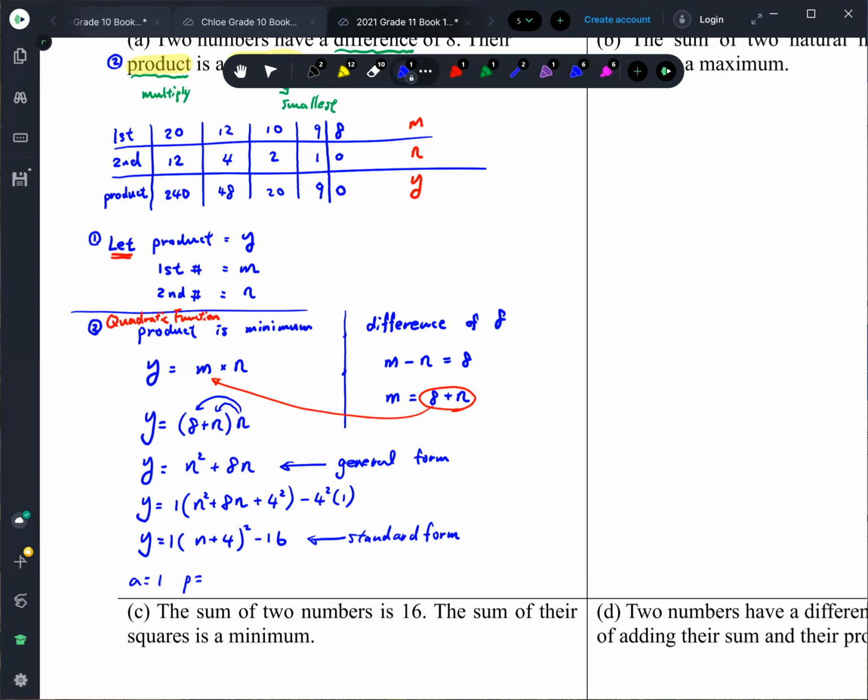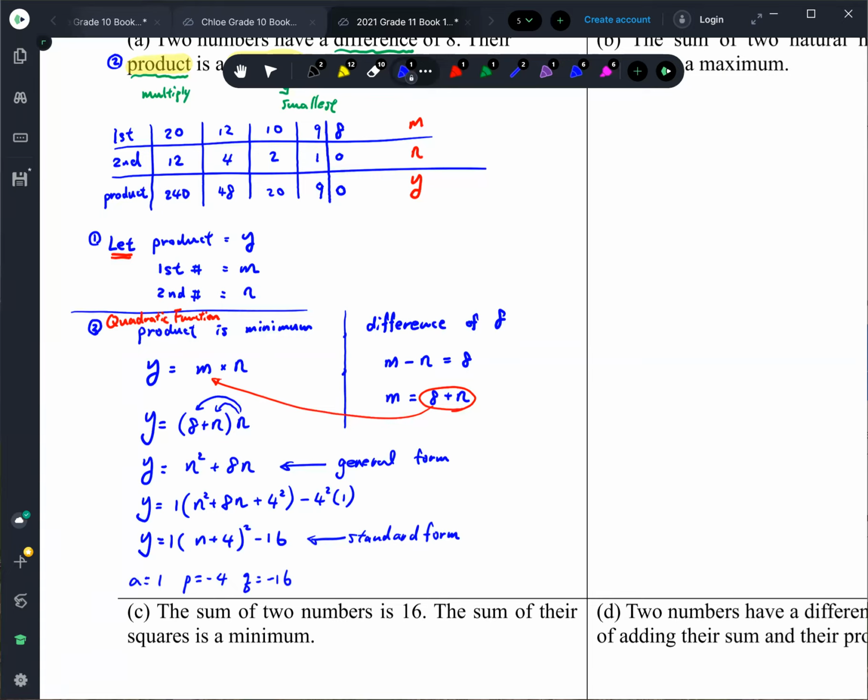No. Is it -4? Yeah, it should be -4. If it's a +4, it should be -4. What about q? -16. Yeah, okay. The q, you don't need to change sign. Okay, it's the p. Be careful.